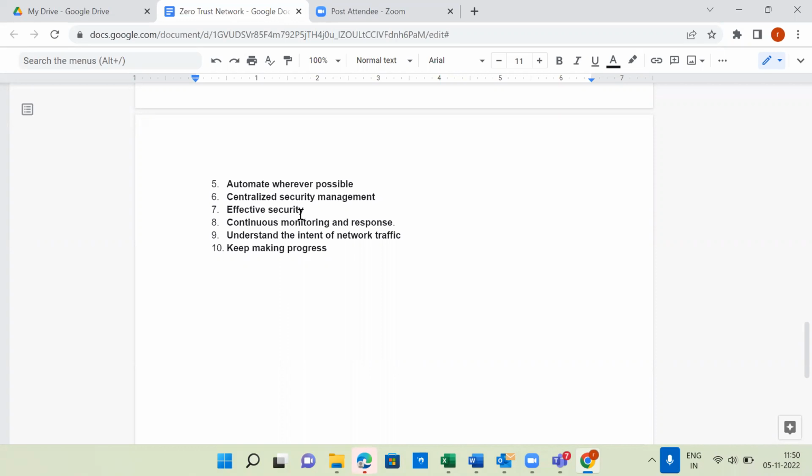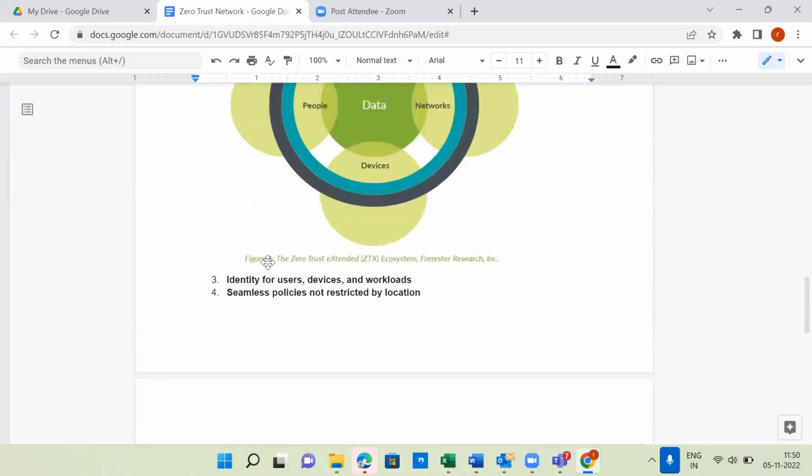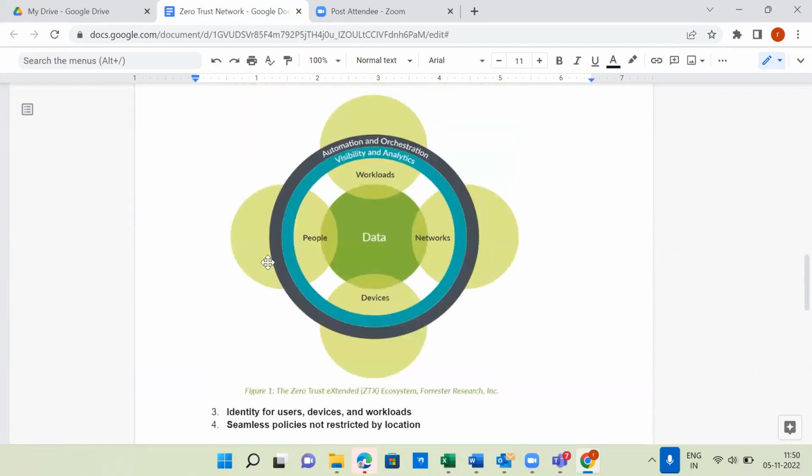If we implement the above nine principles, we can verify our identity, devices, applications, databases, and servers. As I mentioned once again, if we implement these ten principles, we can make sure that our network or our cloud or our data center is safe and secure, and it can reduce the attack vector and the attack surface.